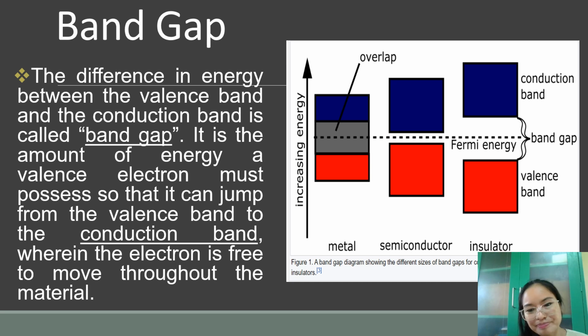That's the reason why, if you look at the metals in the diagram here, there's actually an overlap between the conduction band and the valence band. For semiconductors, the gap is much closer. But in insulators, it's too large.